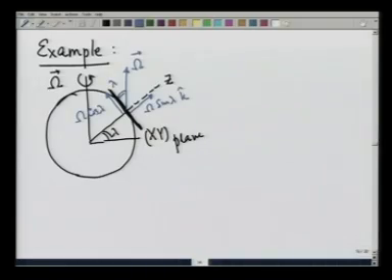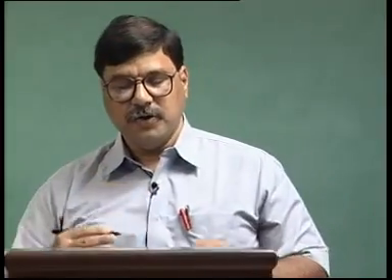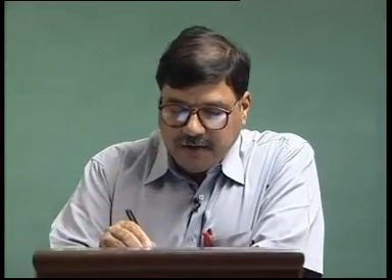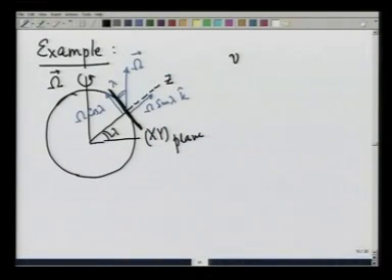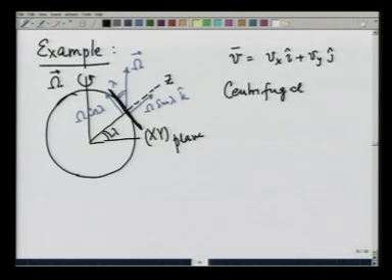If we are restricting the motion to the xy plane, then V is going to be Vx i plus Vy j. There are two pseudo forces, centrifugal, which is proportional to omega square, and Coriolis, which is proportional to omega.